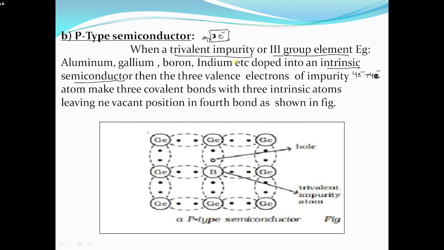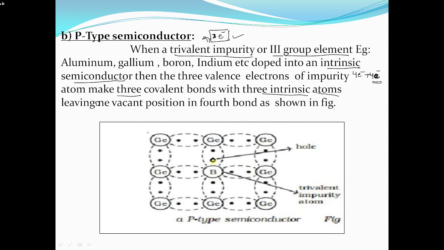So when I dope with any of these elements, it requires 4 more electrons but is doped with 3 electrons. So what happens? One vacant space is left. When a trivalent impurity is doped into an intrinsic semiconductor, the 3 valency electrons of the impurity atom make 3 covalent bonds with 3 intrinsic semiconductor atoms, leaving 1 vacant space.